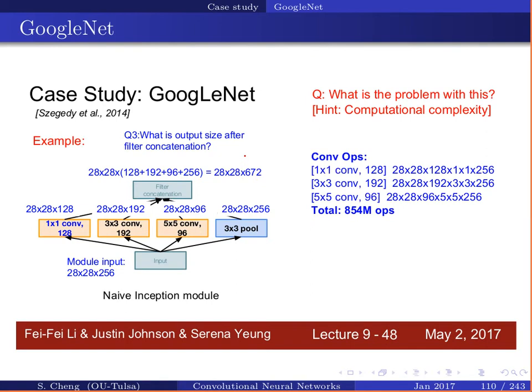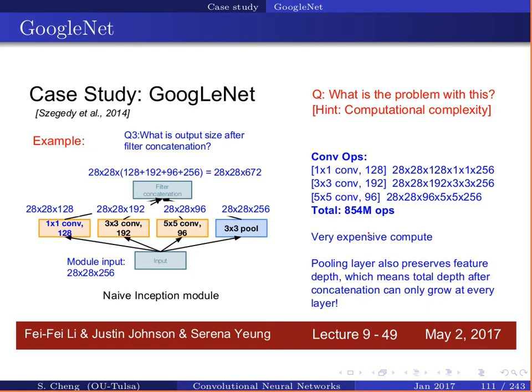And there are a lot of operations too, besides the output expanding a lot. You may count the number of operations. Okay, I can go through a little bit of that. Let's say going for here, the filter size is 1 by 1 by 256, and you need to go through the space of 28 by 28, and then you have 128 filters there.